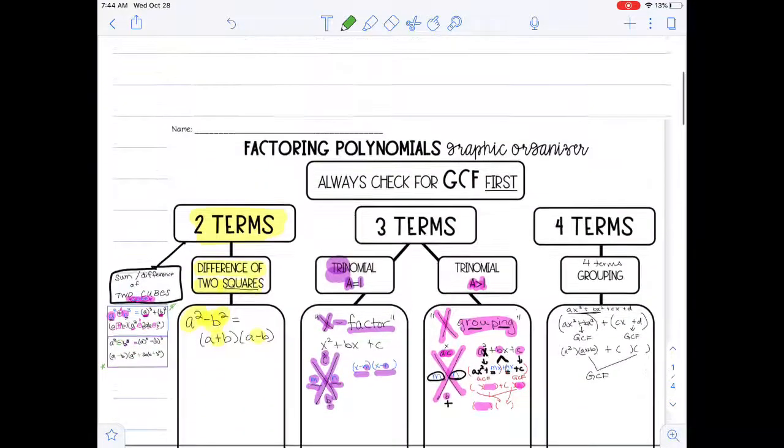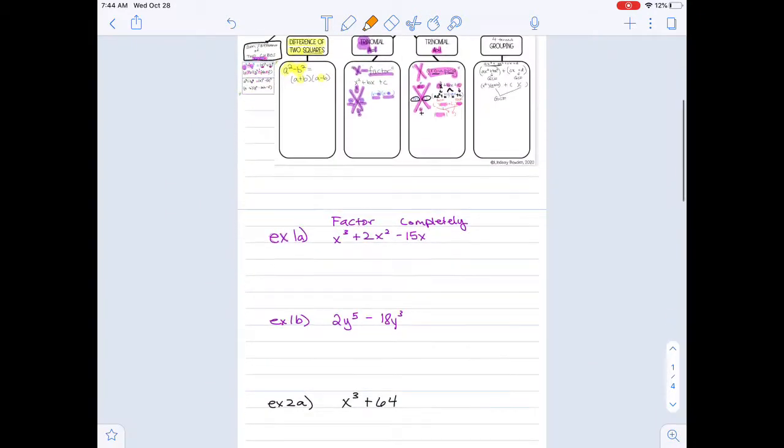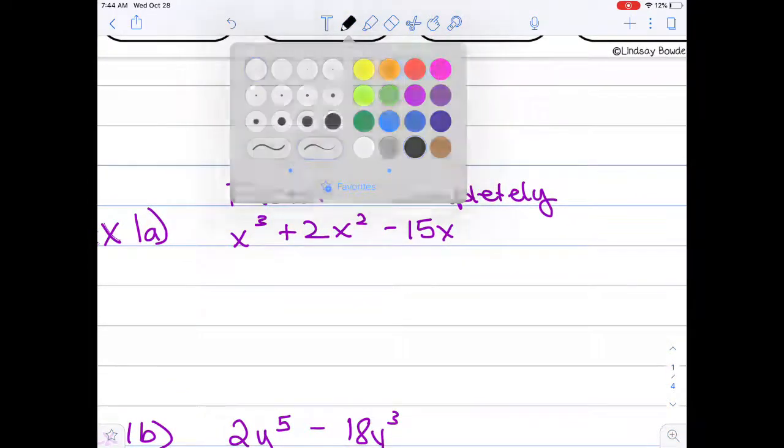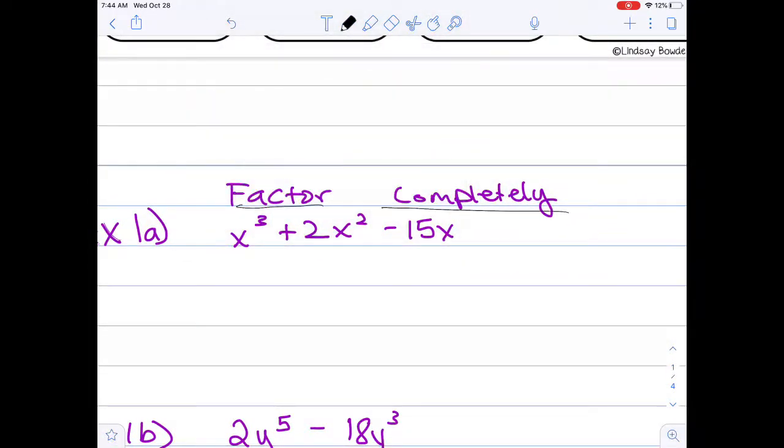Now remember, our first stop for factoring rules is always check for a GCF, right? All my football players. Hopefully you can hear that in your brains when you talk about factoring. So in order to factor completely, which means don't stop factoring until you can be done, I'm going to look for number 1a, GCF, and we see that every term has an x.